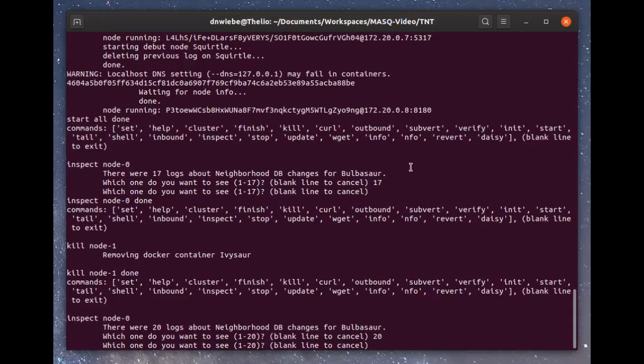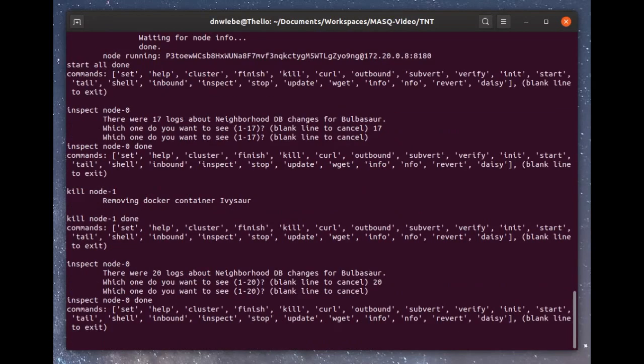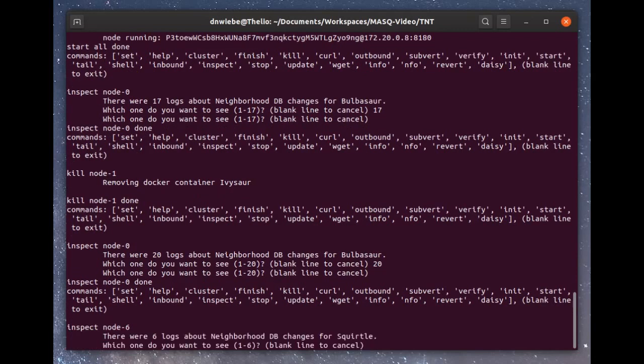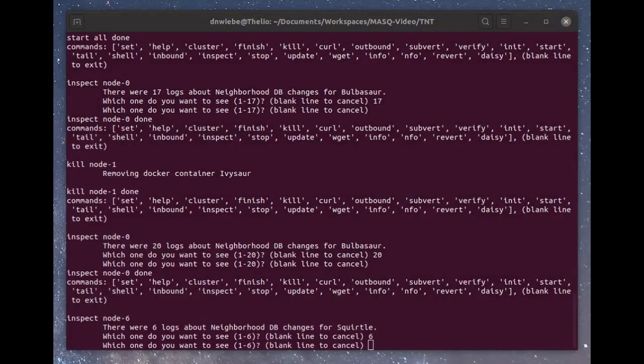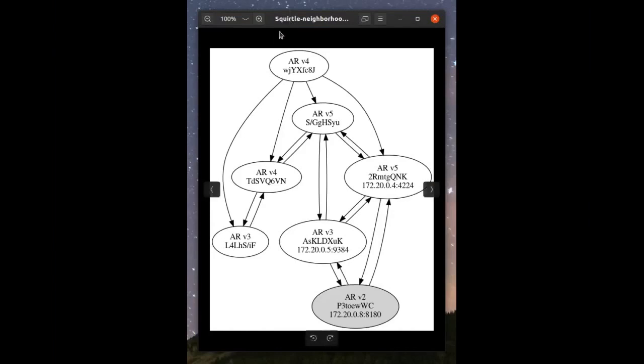Okay, so we're done looking at stuff for node 0. Let's inspect node-6. Only 6 logs. Which one do I want to see? Well, I want to see number 6. And here it is. The gray one here is node 6, and we see WJYX, that's node 1.